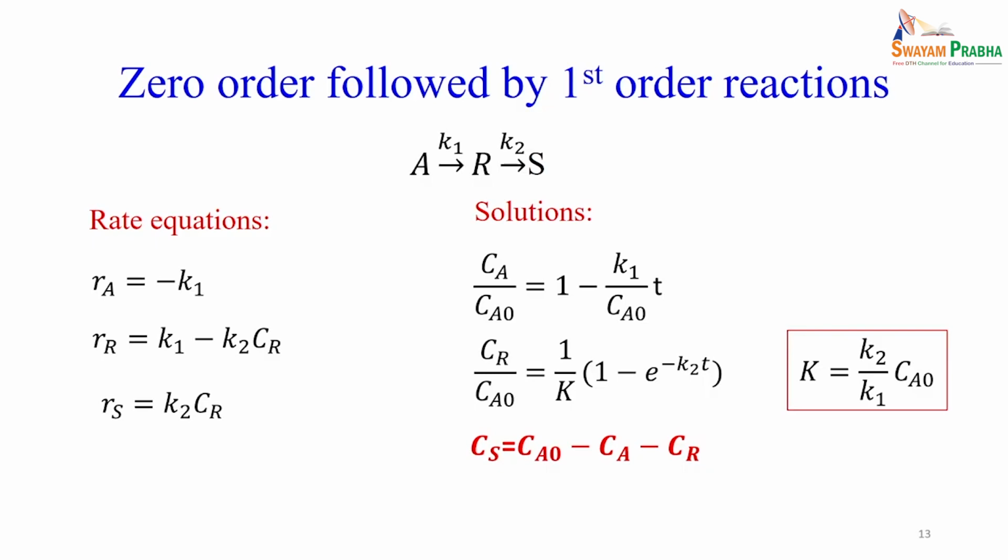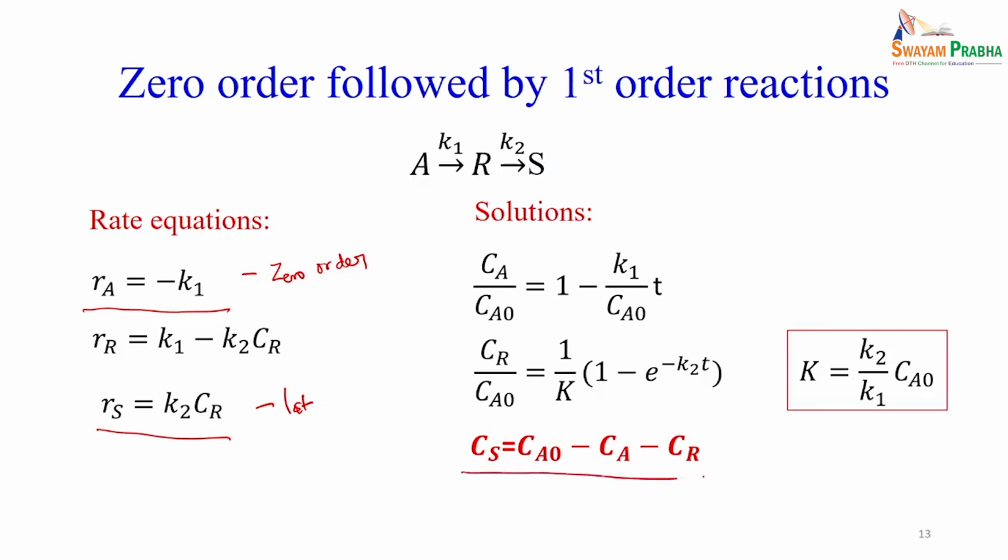Another aspect may be that we can consider the first step as zero order and the second step as first order. So, for the zero order, Ra will be minus k1 and Rs will be k2 into Cr. This is the first order, and here we are considering a zero order, and then accordingly we can solve them.